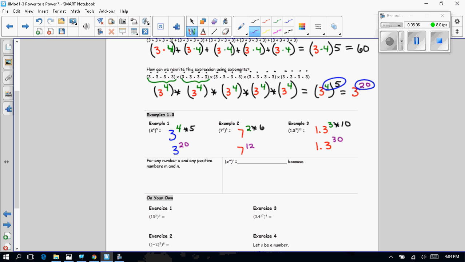The rule says if I have x raised to the m power raised to the n power, I'm going to have x to the m times n power, because you multiply the powers. You multiply the powers.